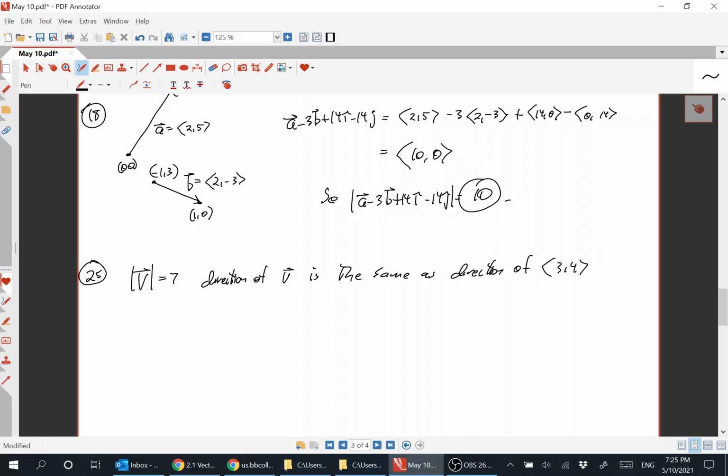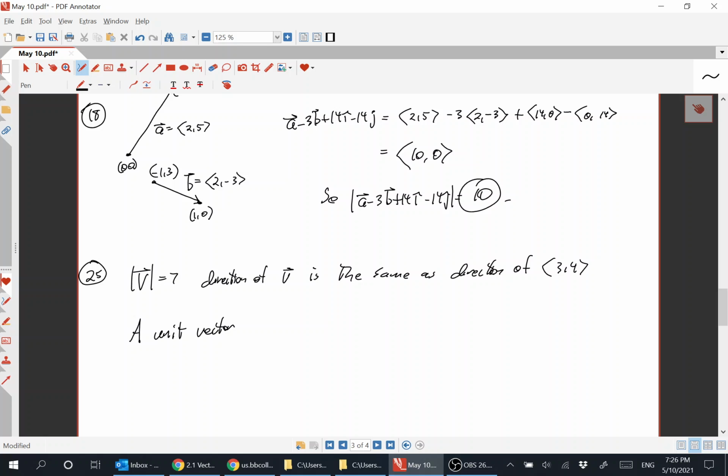So we've got this vector 3, 4, and what we want is a vector of length 7 that points in the same direction as 3, 4. So the first thing you need is a unit vector. What's a unit vector again? It's a vector whose length is 1.